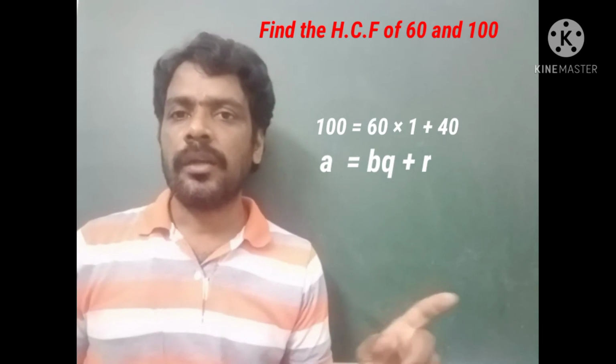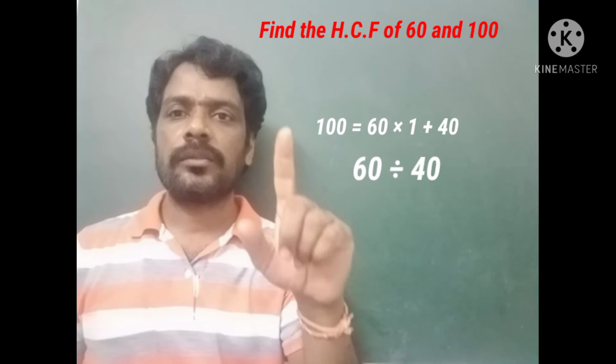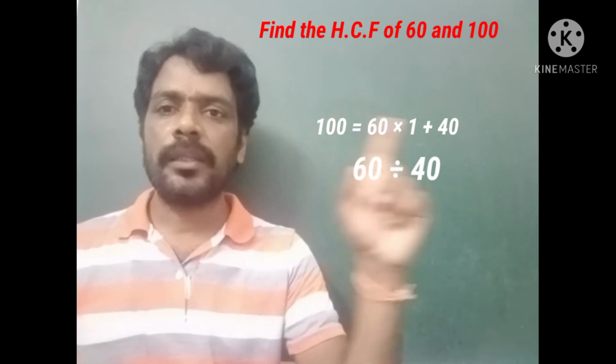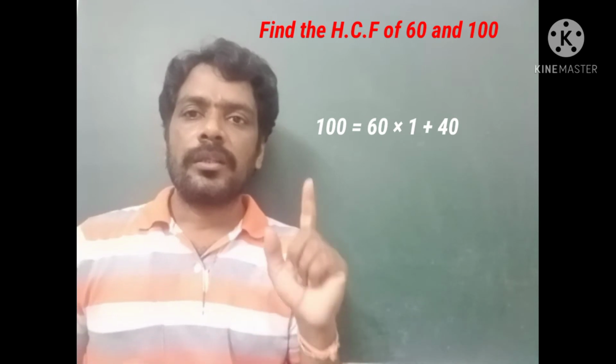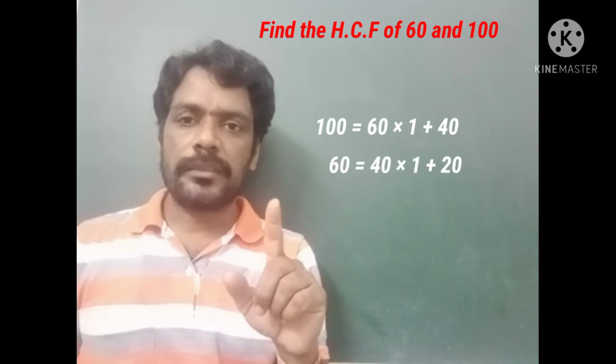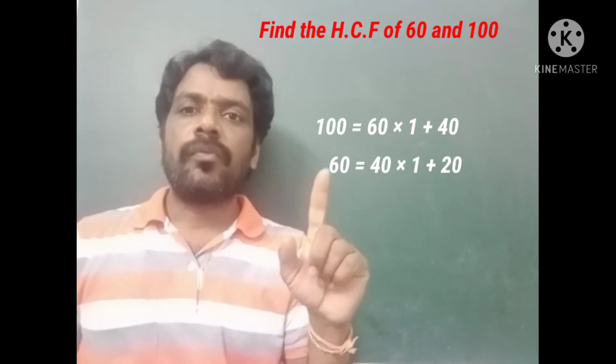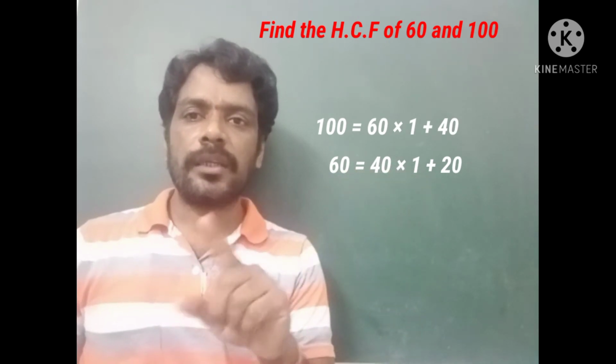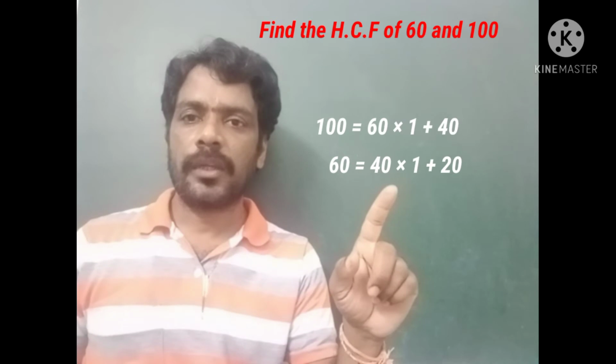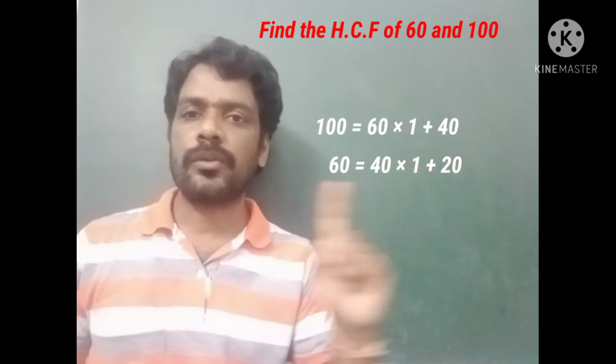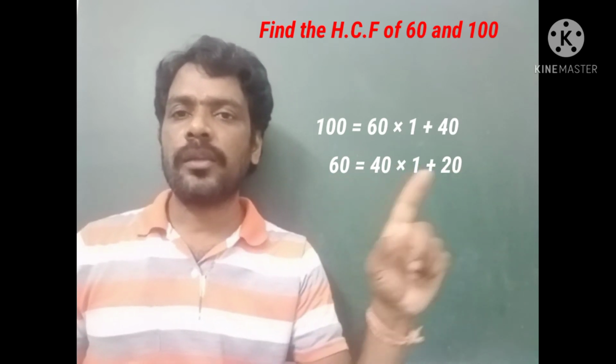So again we have to divide the divisor 60 by the remainder 40. So 60 we can express as 40 into 1, because in 60, 40 is one time and the remainder is 20. So 60 is equal to 40 into 1 plus 20.